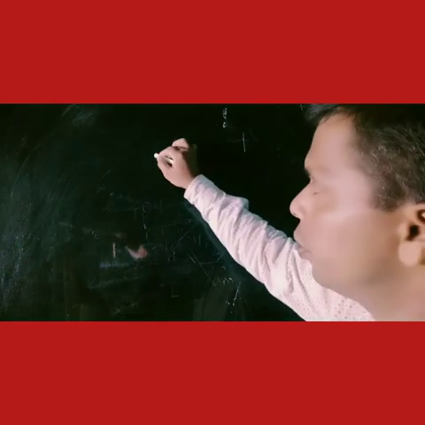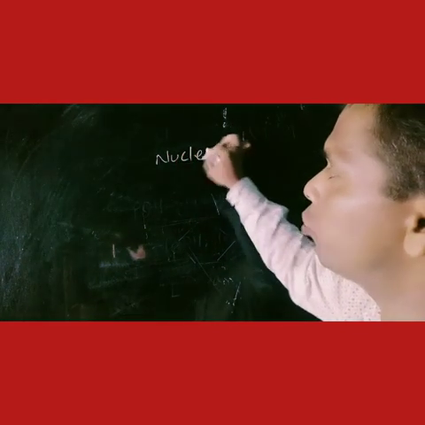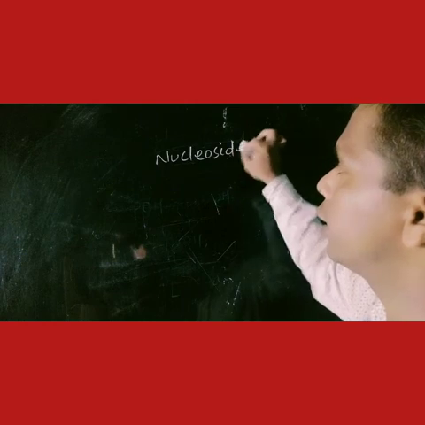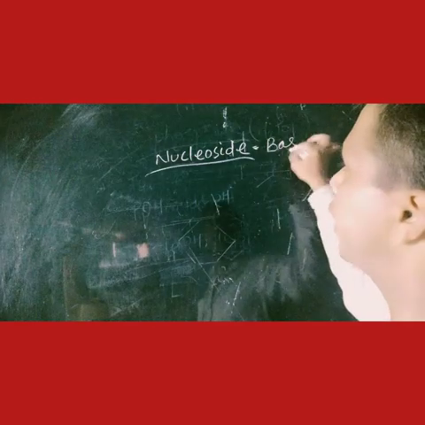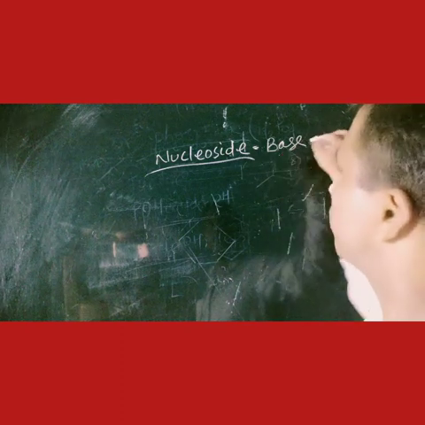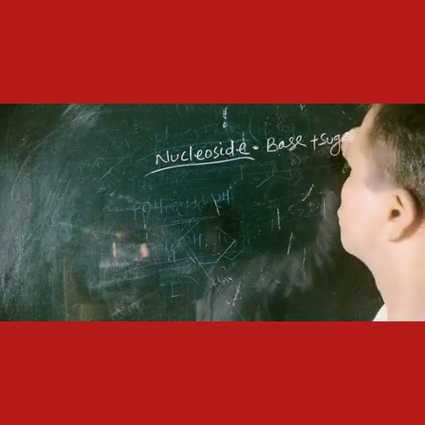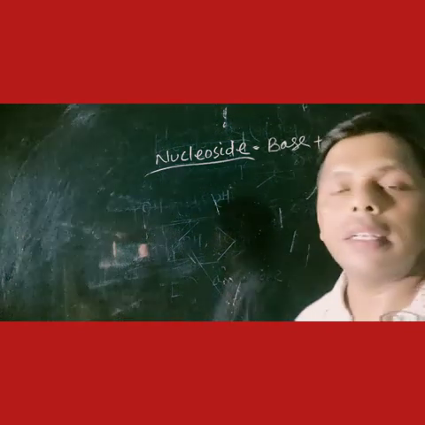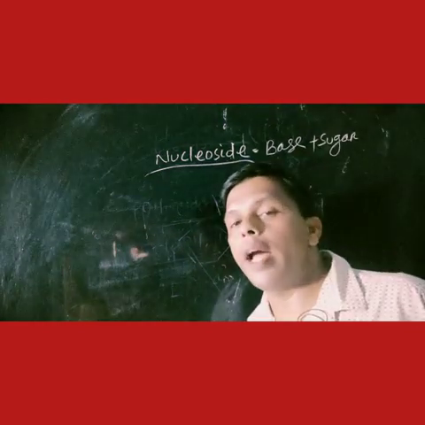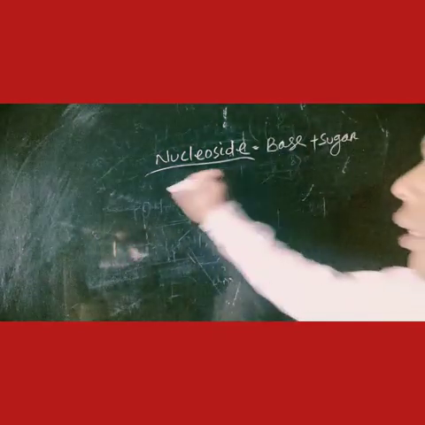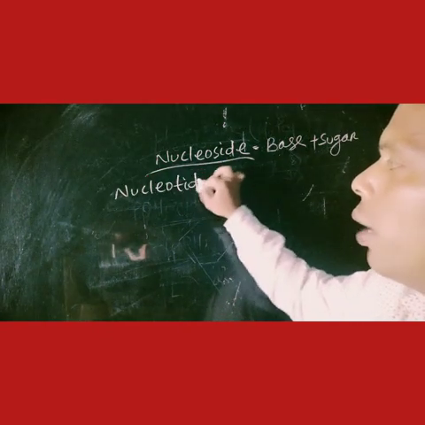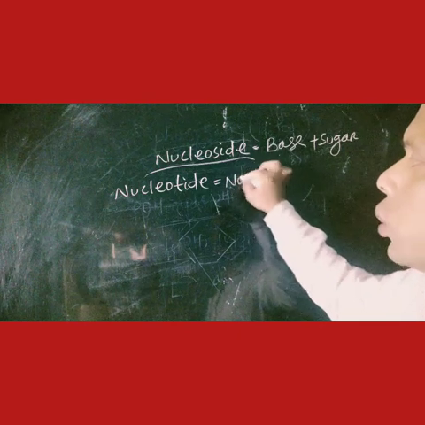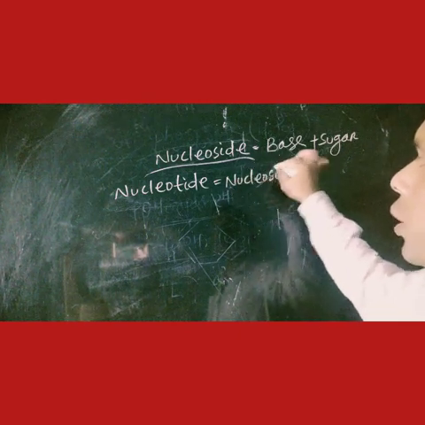Then we come to the formation of nucleoside. A nucleoside is formed by a combination of base with sugar, base plus sugar. Then the nucleotide is formed by nucleoside with phosphate.